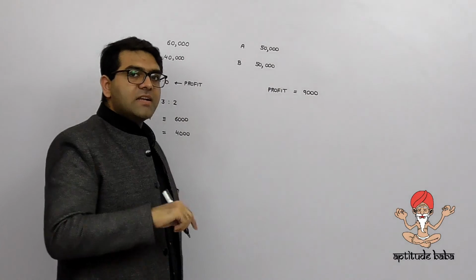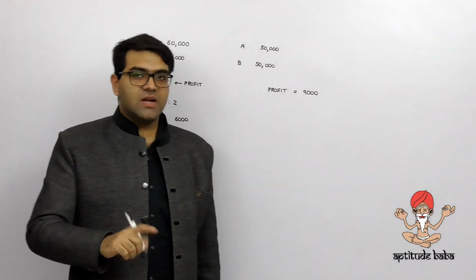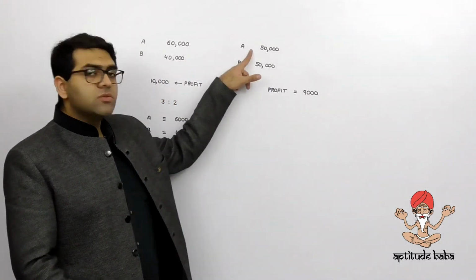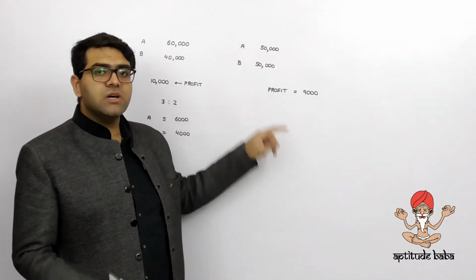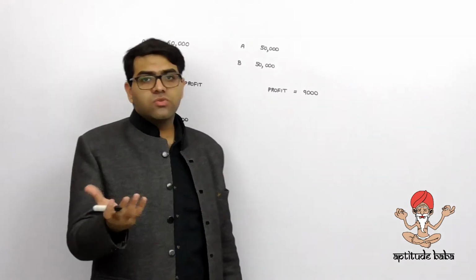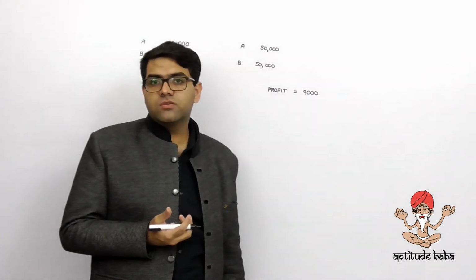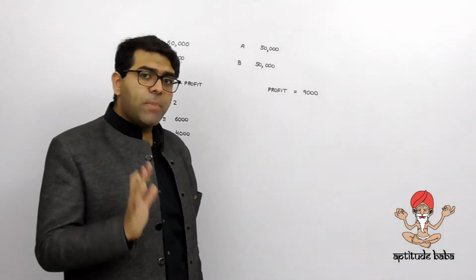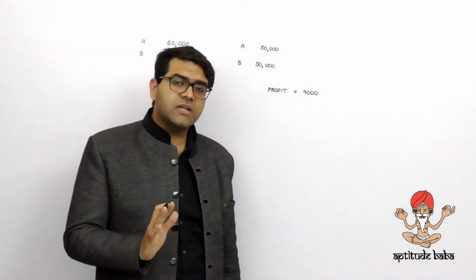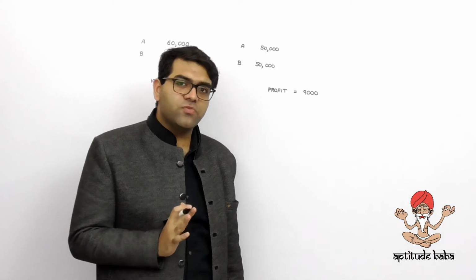Now, partner A comes to partner B and says कि देख भाई तूने 50,000 लगाया था, मैंने 50,000 लगाया था, हम दोनों का इन्वेस्टमेंट सेम था, प्रॉफिट हुए 9,000, तो 4,500 मुझे दे, 4,500 तू रख, बिकॉज हमारा प्रॉफिट सेम हिस्से में डिवाइड होना चाहिए. Would partner A be logically correct in asking for half the share of profit?